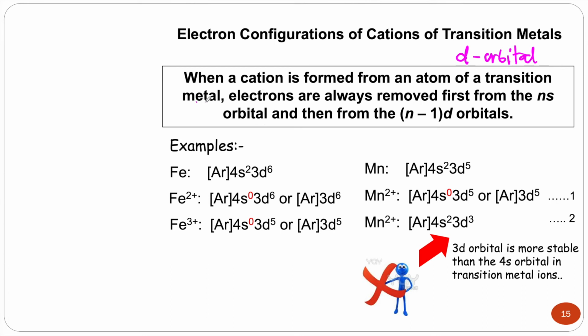When a cation is formed from an atom of a transition metal, the electrons are always removed first from the s orbitals, and then from the n-1 d orbitals. Why? Because do you still remember the Aufbau principle? We need to write down the 4s first, and then followed by the 3d. So this is actually based on the Aufbau principle.